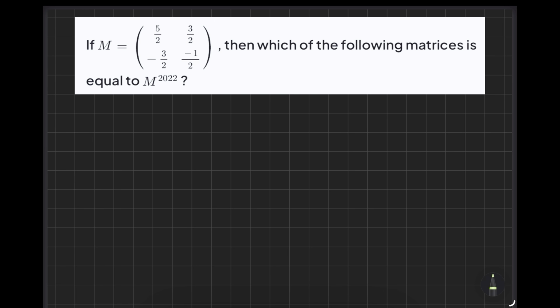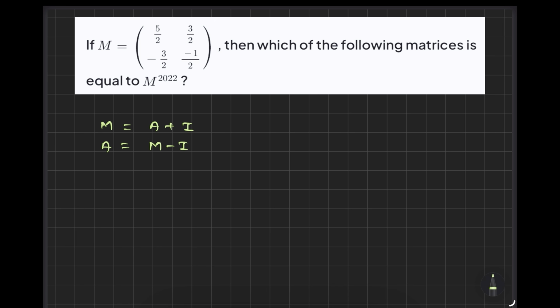First, what I want to do is write matrix M as the combination of A plus identity matrix. So we are interested in finding A, so we can write A as M minus identity. Look at this, you know that M is 5 by 2, 3 by 2, minus 3 by 2, minus 1 by 2, minus 1 0 0 1.